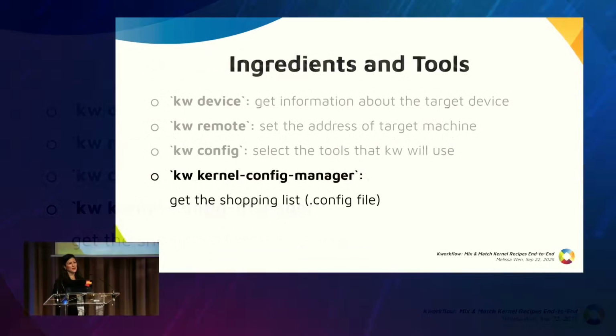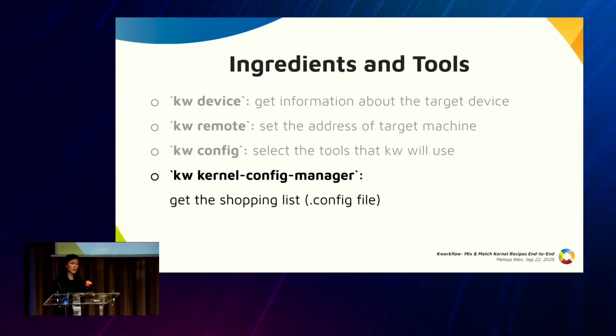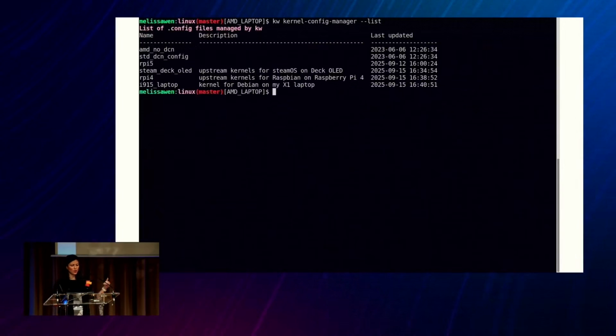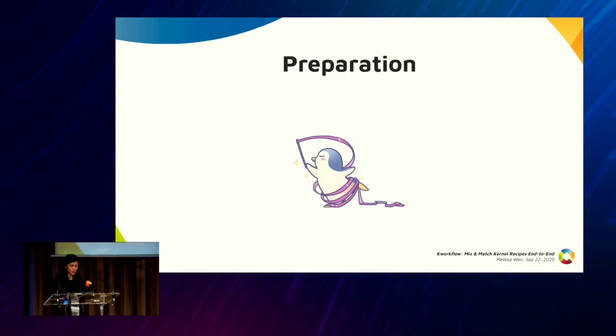And we have the kw kernel config manager, which I can say is kind of getting your shopping list. So basically the config file that you use for your custom kernel. We can have a list, we can save all the config files that we usually use, and we can get them back, and we can check what we have stored in our environment.